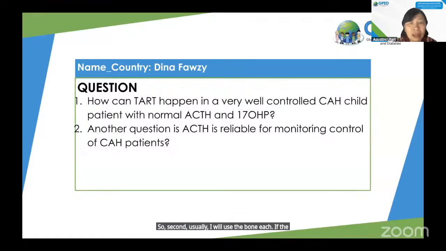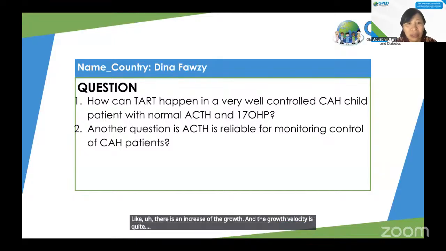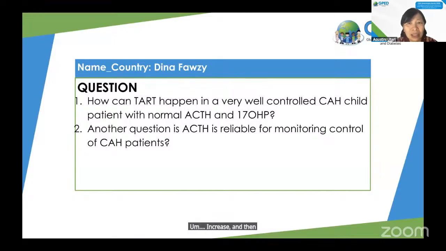If on the growth chart their height is still in the same curve, the same line, maybe our treatment is okay. And if there is an increase of growth, and the growth velocity is quite increased, then we need to check our dose or the compliance of the patient.